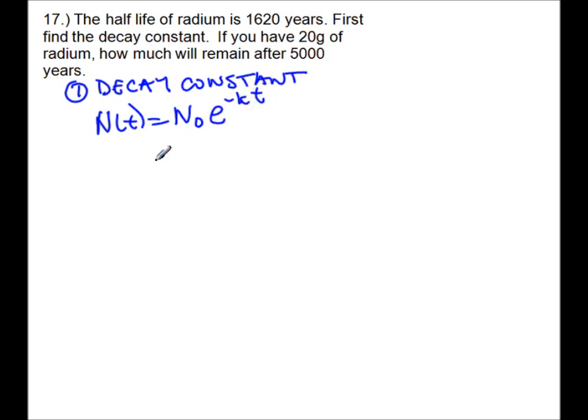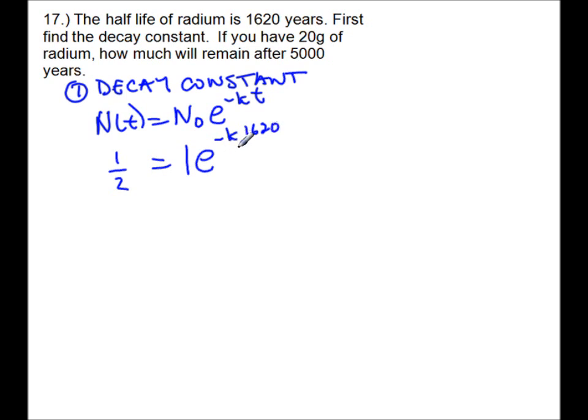Now, we know that if I have 1 unit of material and it goes to half of 1, that means 1/2, it's going to take 1620 years to do that. So we have 1/2 equals e to the negative k times 1620. So now what I need to do is find k.